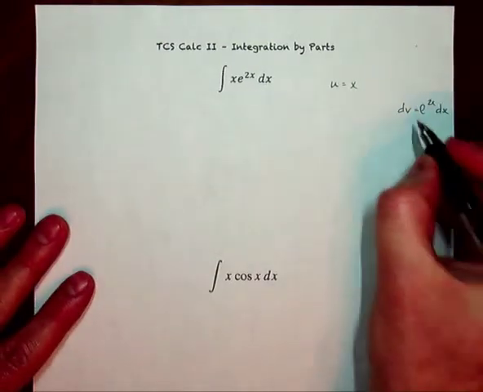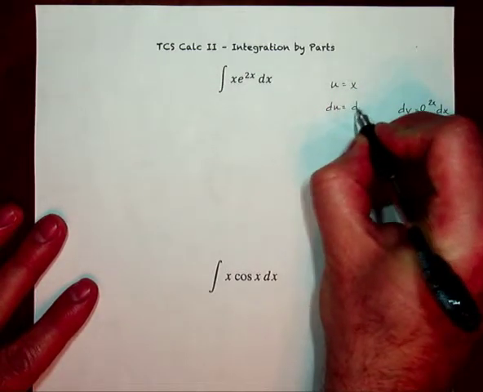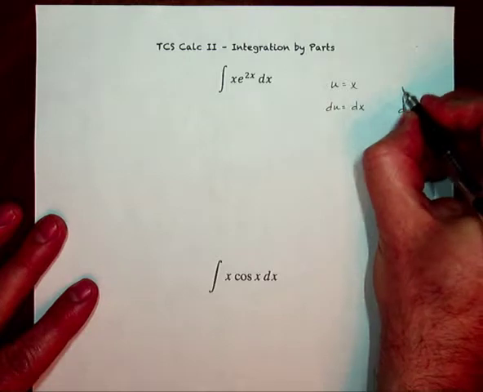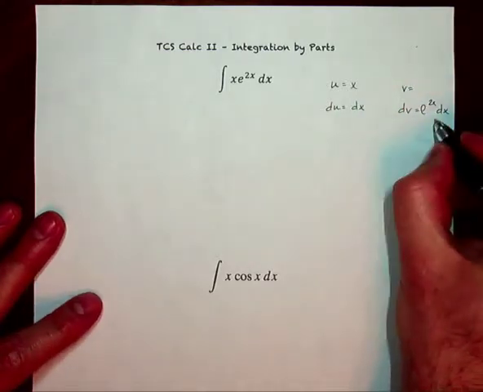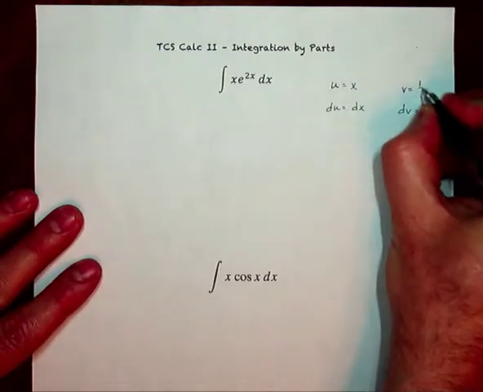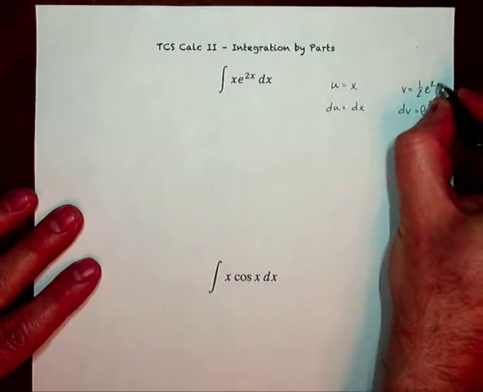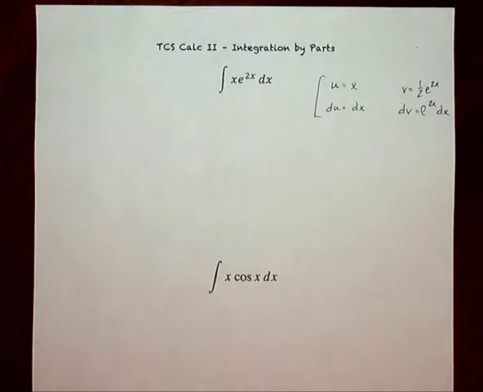Now what needs to happen now is I need to differentiate the u. I need to anti-differentiate the dv. And when I do that, of course, I'm asking what e to the 2x is the derivative of, and that shouldn't be too hard to remember that it's 1/2 e to the 2x.